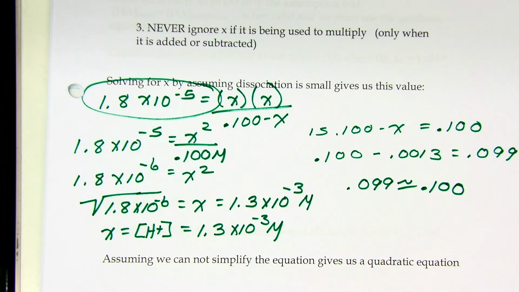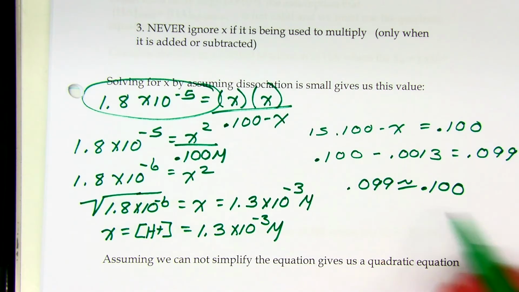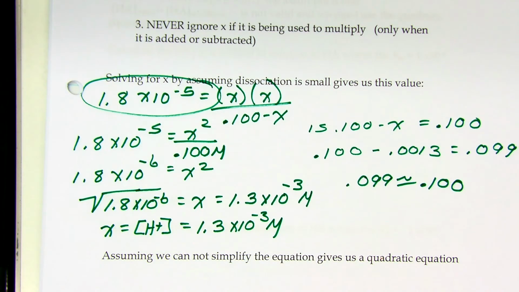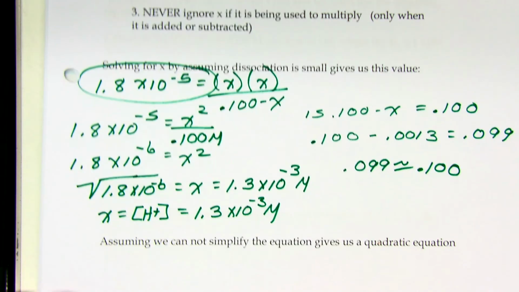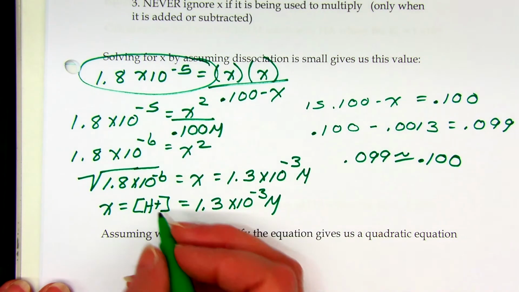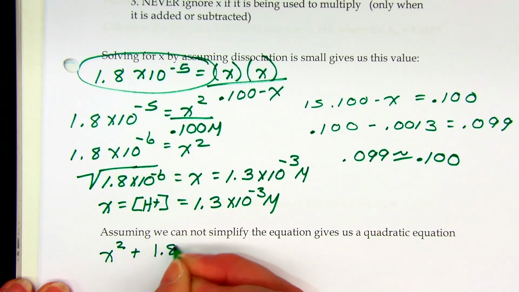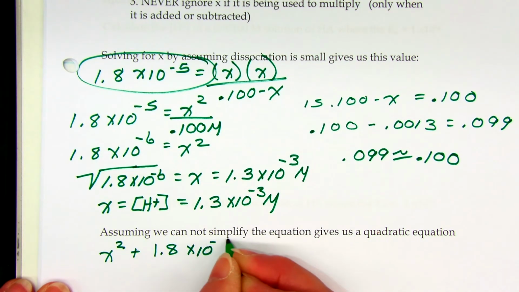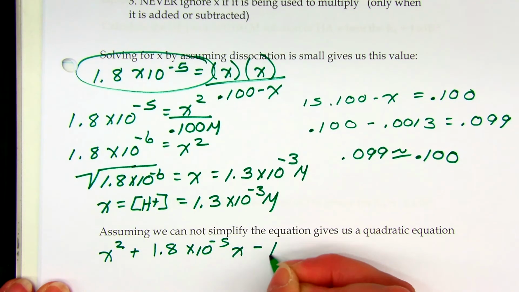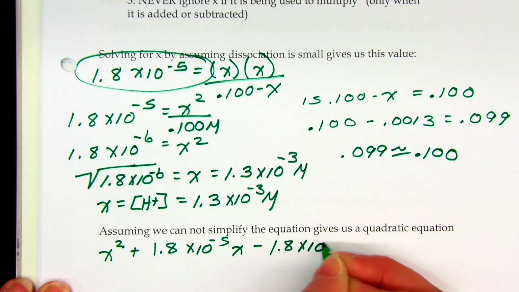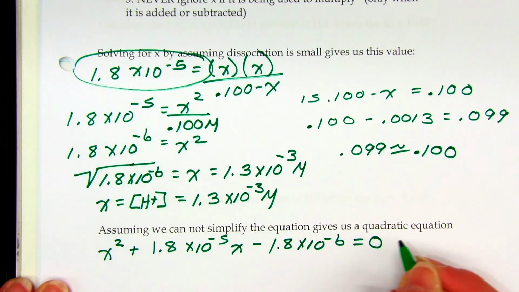If you choose that that's not good enough, then you have to do a quadratic. And if you do the quadratic, you end up with X squared plus 1.8 times 10 to the negative fifth X minus 1.8 times 10 to the negative sixth is equal to 0.